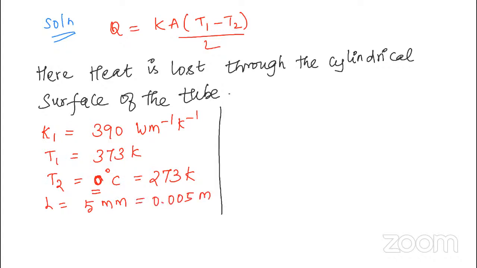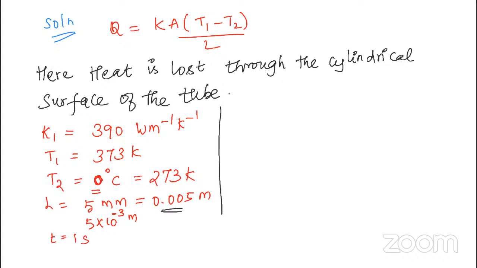We write 5 into 10 power of minus 3 meter. Minus 3 means moving 3 digits forward, we get 0.005. Then T is equal to 1 second.